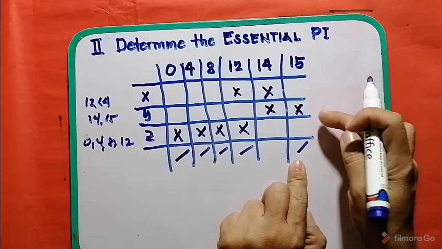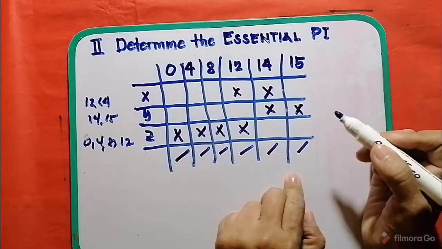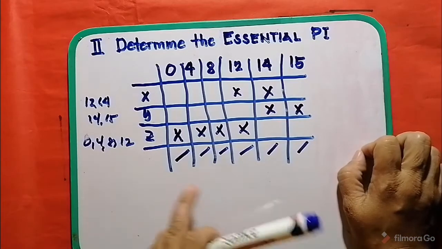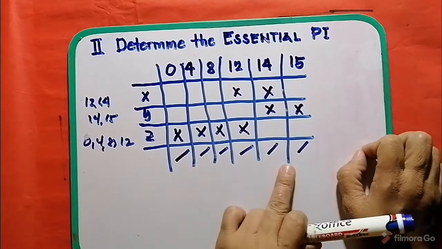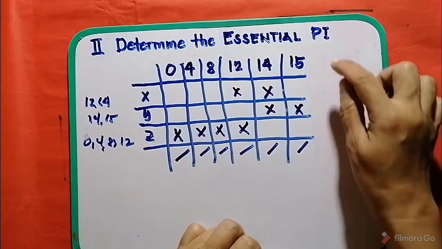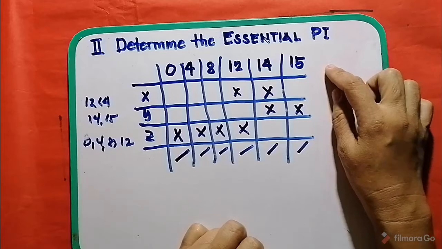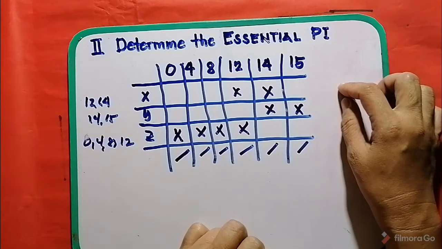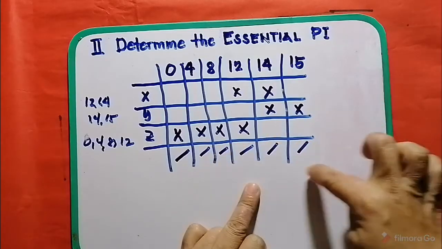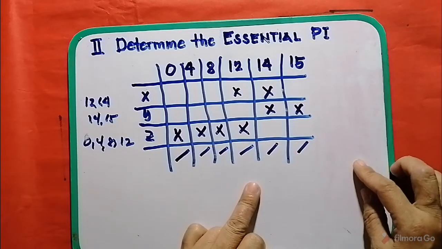So therefore, I'm also going to put a tick mark. Okay? So, for now, you will notice all the columns have a tick mark under its implicants. But later, I'm going to show you other examples in which one or two or more of these columns do not have any tick mark.